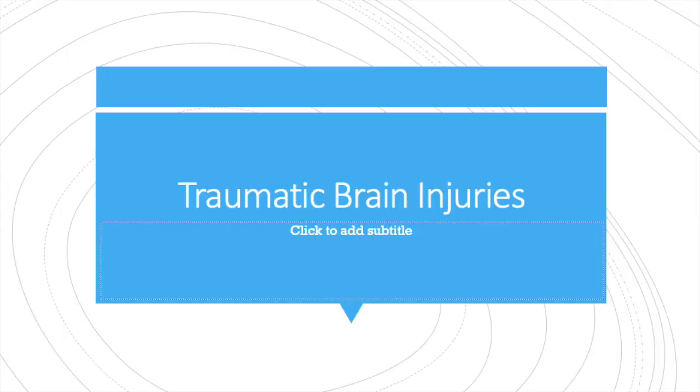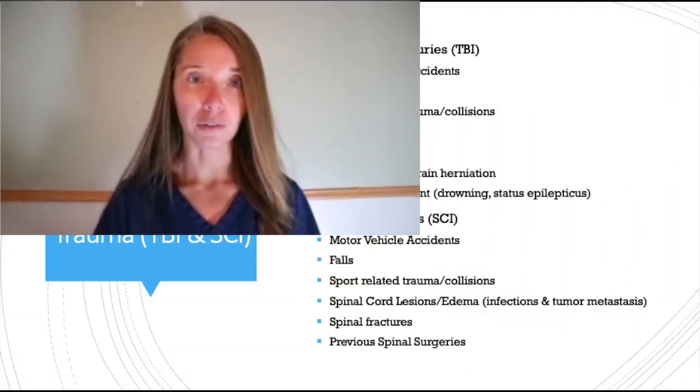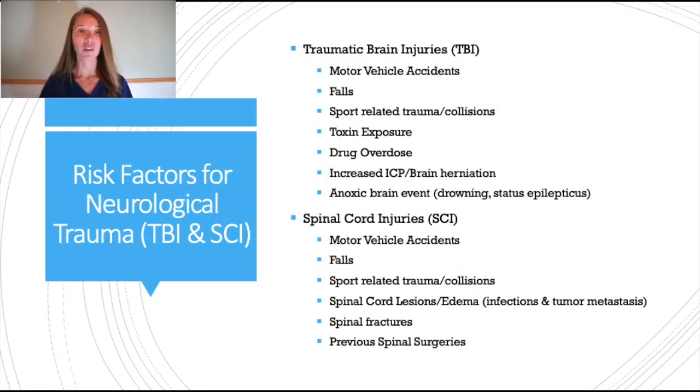When you have a patient who presents with a traumatic brain injury, you're probably most familiar with what? A concussion, maybe? You know, as a child, or maybe when you played contact sports. So when we're caring for patients with neurologic trauma, we think about injuries that occur to our scalp, skull, or actual brain tissue.